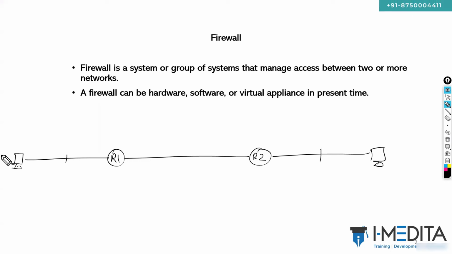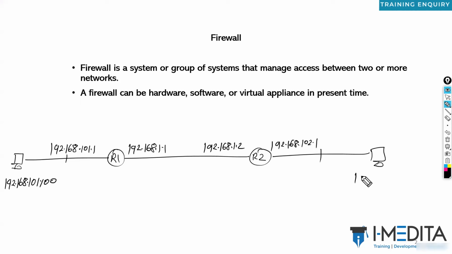For easy understanding, you can write down IP addressing: 192.168.101.100, 192.168.101.1, 192.168.1.1, 192.168.1.2, 192.168.102.1, 192.168.102.100. Here you can see we have two branches connected with each other.